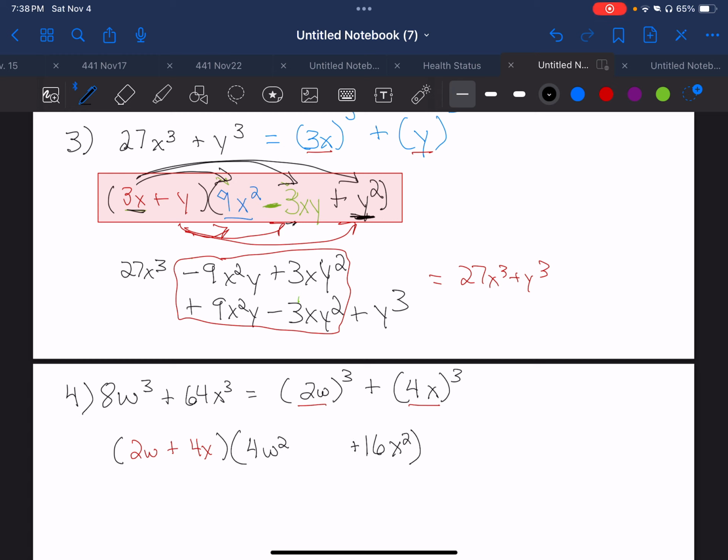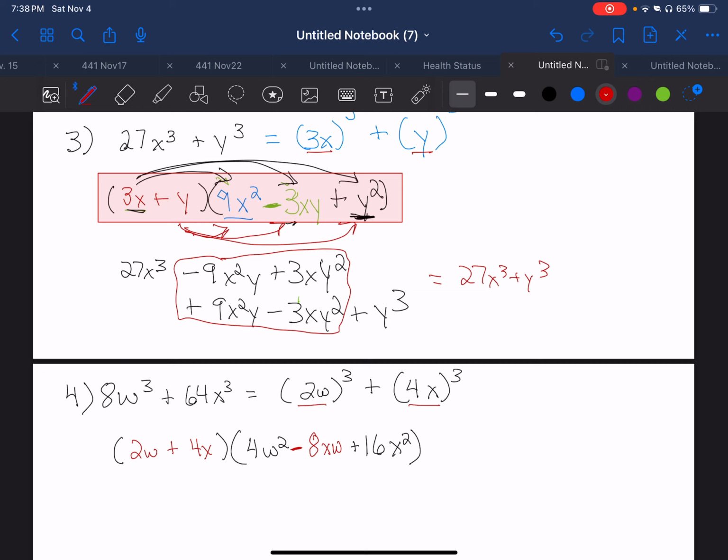Then I have my cancellation term. What do I need to cancel? I need to have the opposite sign, negative. And what I do is just take this one times this one, 2w times 4x. Well, that will be then 8xw. That will get my terms to cancel out, and you can double check.